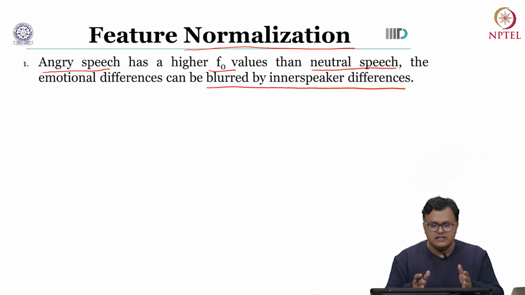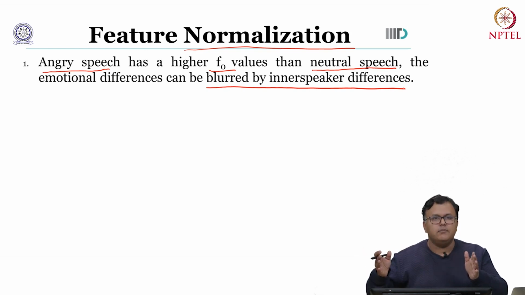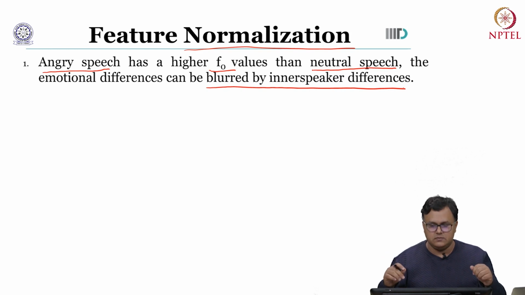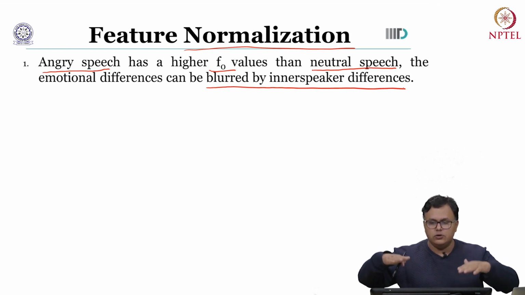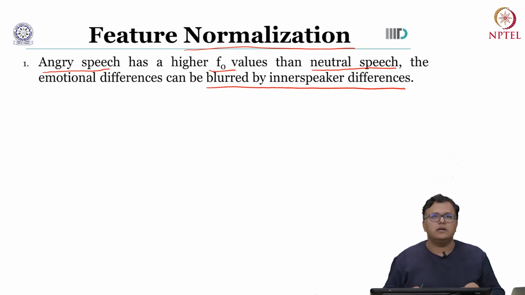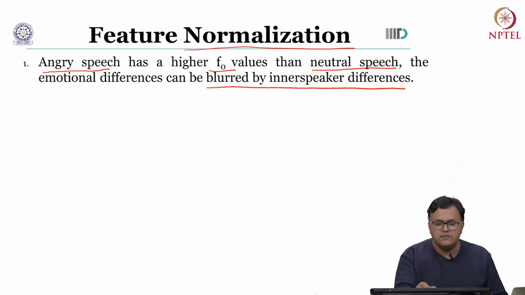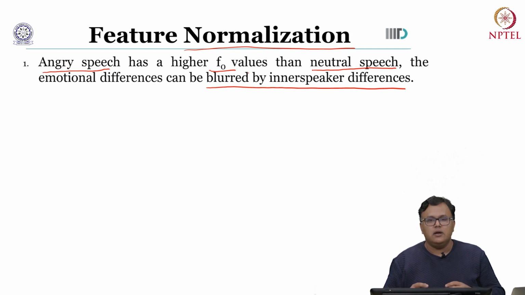Though we observe differences between the fundamental frequency value of the angry and the neutral speech for one subject, if you have multiple subjects, because of the difference in style of speaking of these subjects, because of this intra-class variability, the difference between the fundamental frequency of the angry speech and neutral speech would be varying. So you will observe a variation across different speakers. This observation that angry speech will have a higher fundamental frequency as compared to neutral speech would be blurred in some cases, but would be very evident in other speakers' cases.